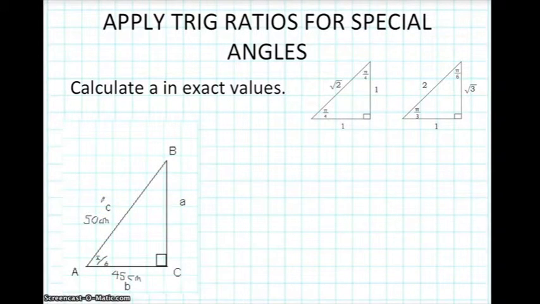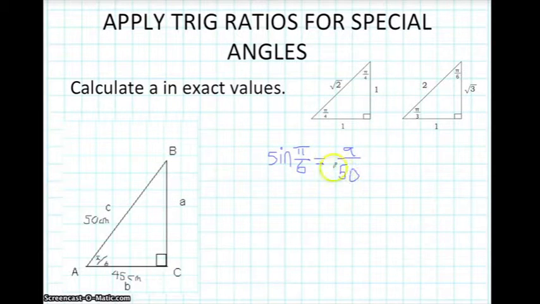That's sine. So we're going to do sine pi over 6 equals opposite over hypotenuse, so A over 50.